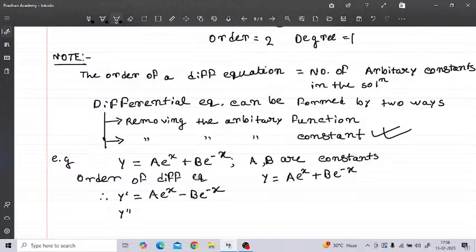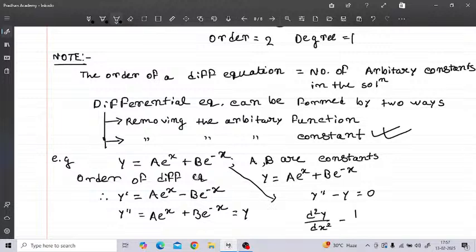Next we differentiate again, and we get a e to the power x. All of you know that the derivative of the exponential function is again the exponential function, and here as it is minus x, we will get an extra minus 1 in multiplication. So plus b e to the power minus x. Now you can clearly see this is nothing but y. So from this we deduce y'' minus y, that is d²y/dx² minus y equals 0.